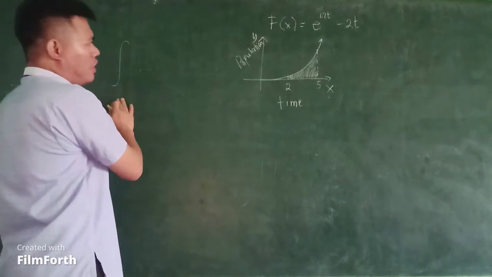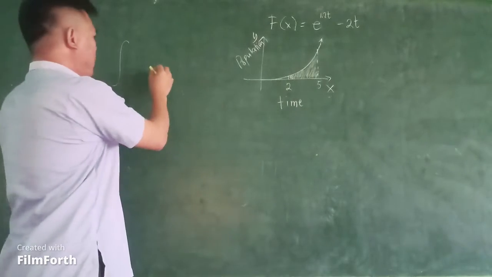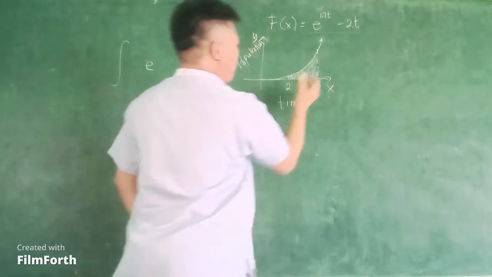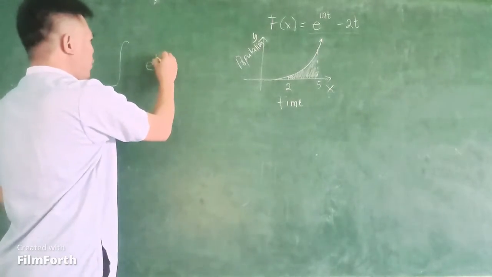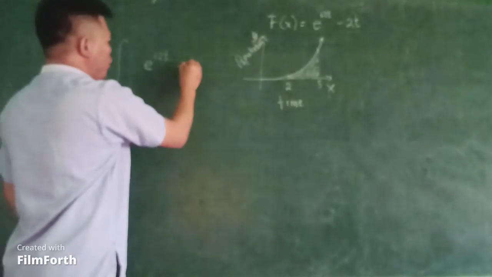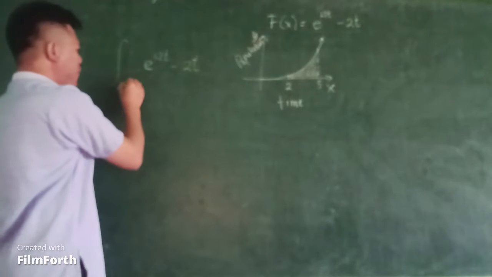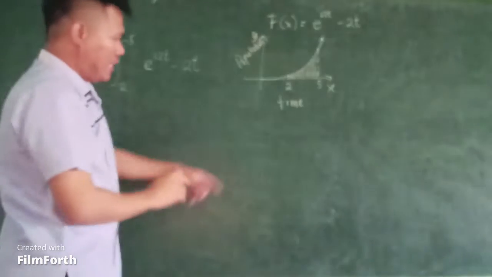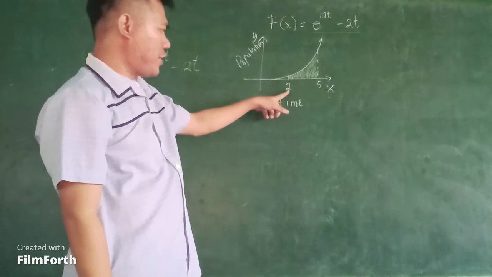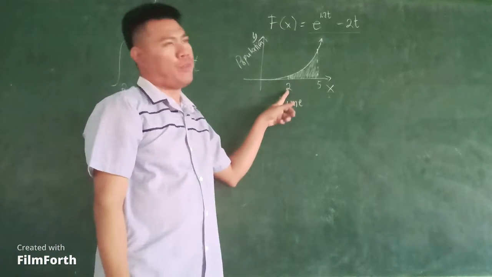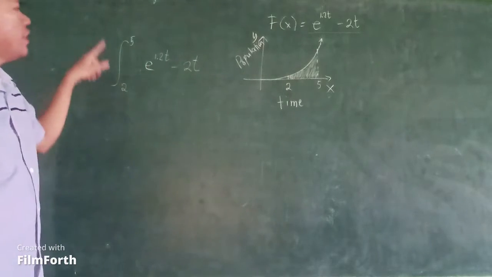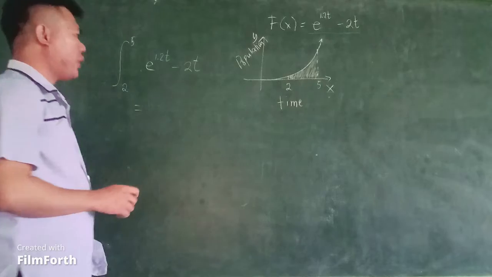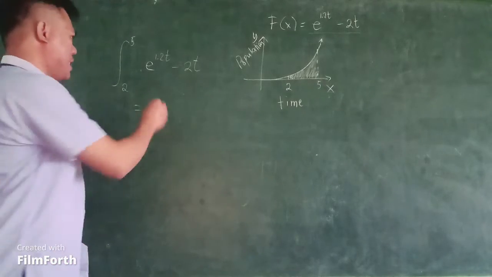We have the integral of this expression, e raised to 1.2t minus 2t, evaluated from 2 to 5. 2 to 5 is the years or the time, which is 2, the lower limit, and the upper limit of 5. To solve this, we're going to find the antiderivative of this expression.